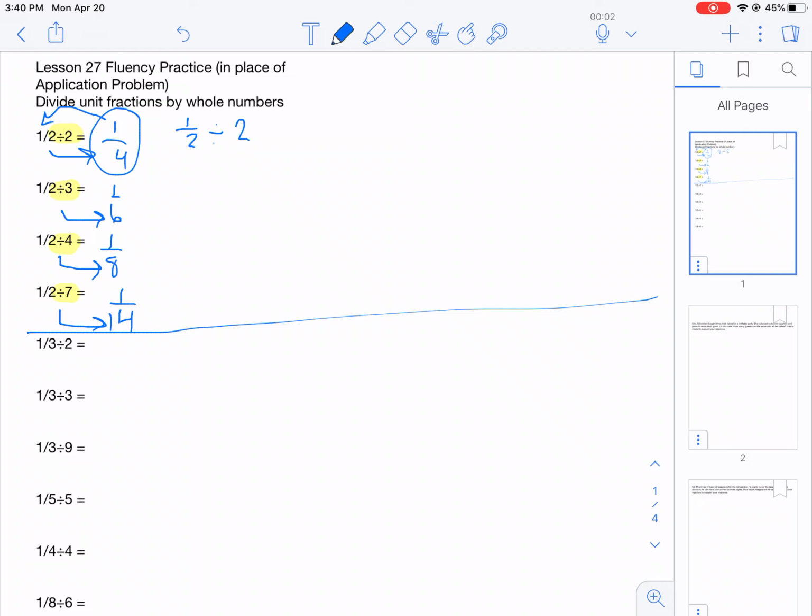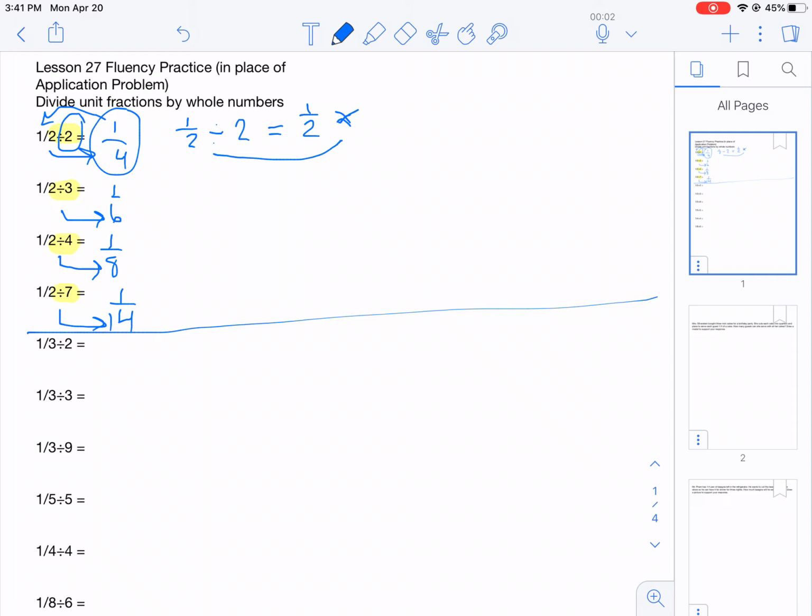And here's a strategy for you now. When you are dividing fractions, 1/2 divided by 2 is the same thing as taking the number you started with, 1/2, changing that division sign to a multiplication sign, and multiplying by the reciprocal of the second factor.